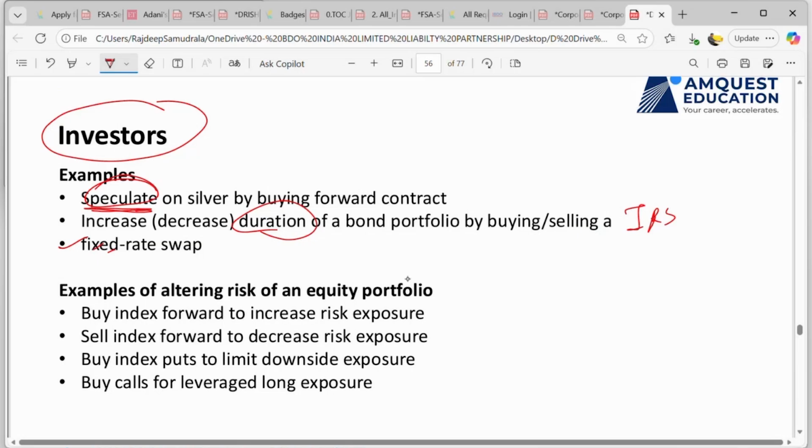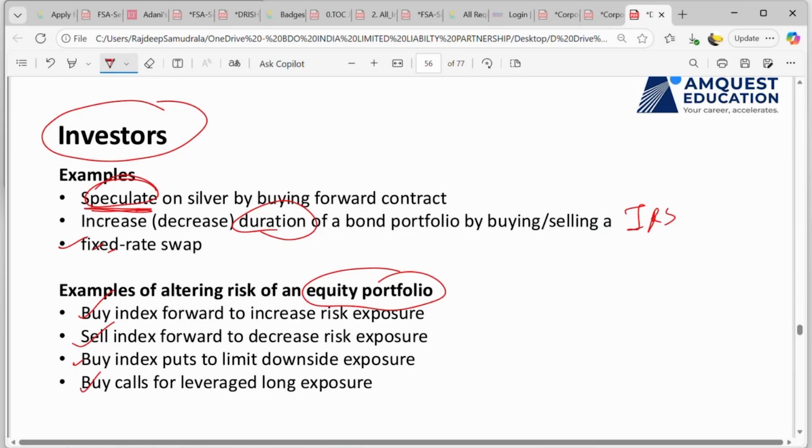Let's say you want to change the risk of your portfolio. What will you do? You can buy the entire index like a forward, right? Or you feel it's too high, you can sell the index. Or you can buy index puts to limit your downside exposure.